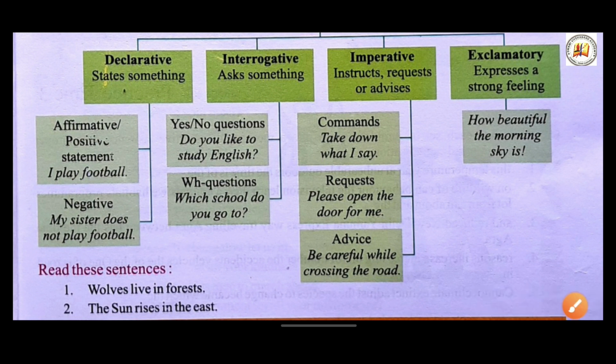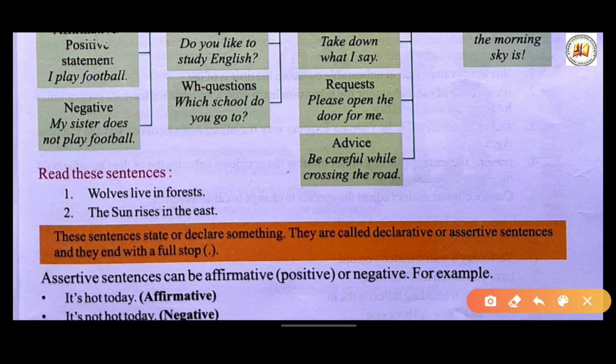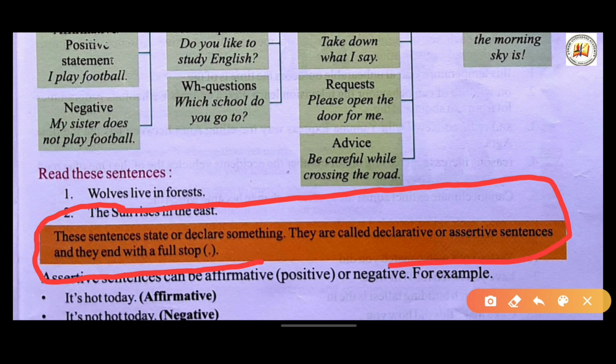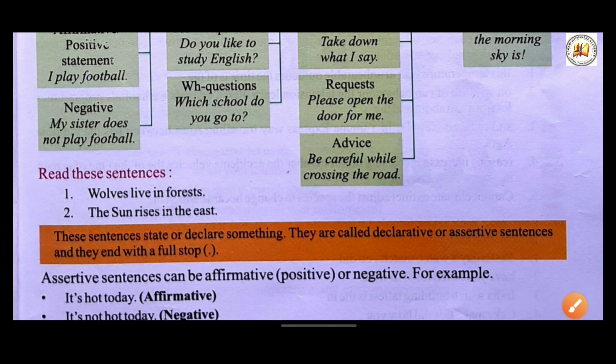Now, first we have the definition of assertive and declarative sentences. These sentences state or declare something. Whenever we are talking about a direct thing, there may be a universal truth, and we can say that thing directly and declare something, that is called a declarative or assertive sentence.